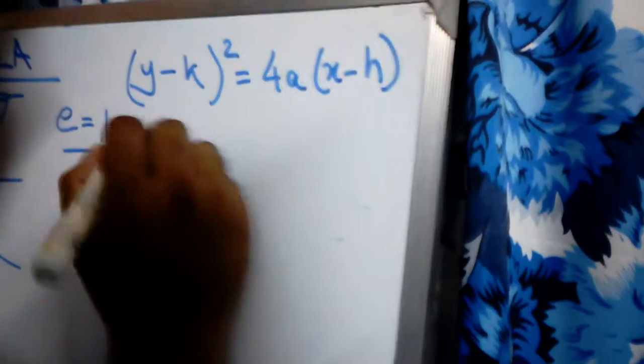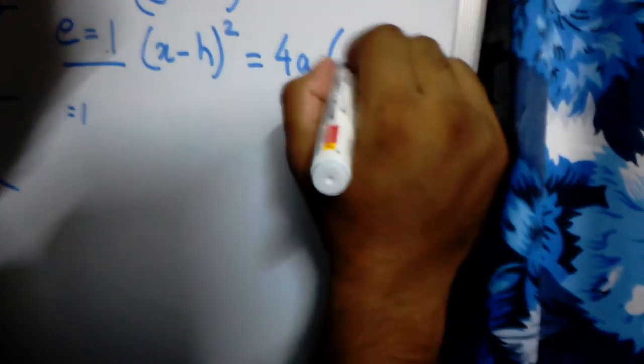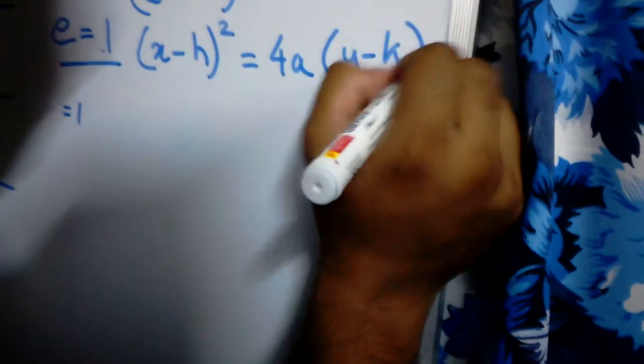Now the standard way we represent a parabola is like this: y minus k whole square is equal to 4a times x minus h, or x minus h whole square is equal to 4a times y minus k.